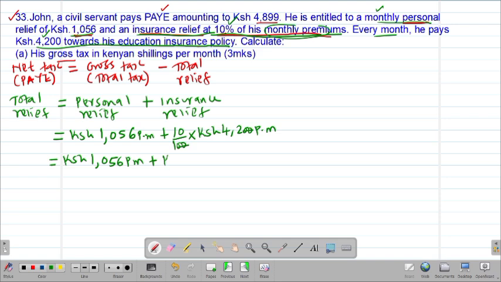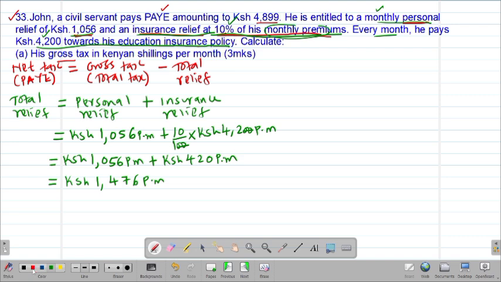So this will remain to be 10 multiplied by 42, which gives 420 Kenya shillings per month. Therefore, if we take 1,056 and add 420 shillings per month, our calculator will give us a total of Kenya shillings 1,476 per month. Therefore, this is what we are calling the total relief.